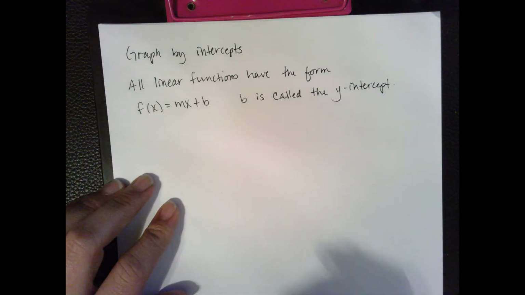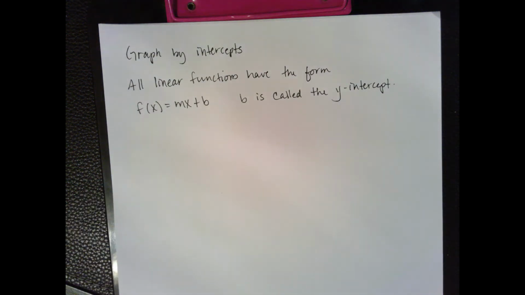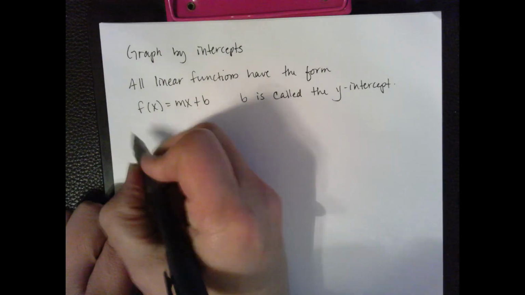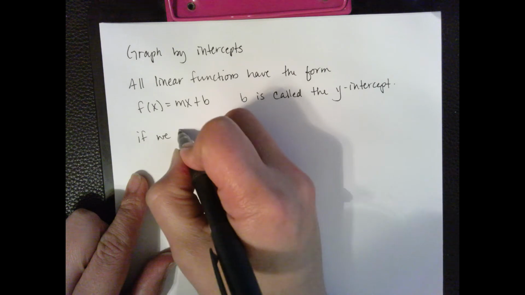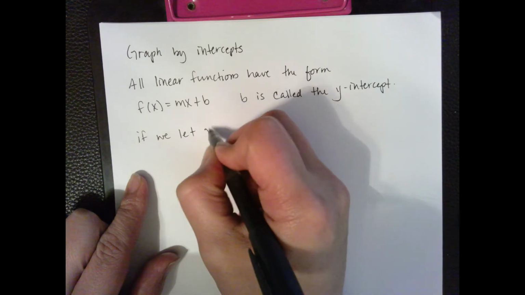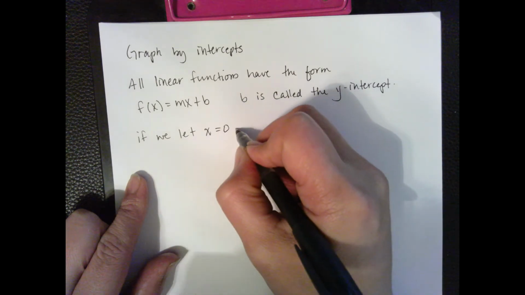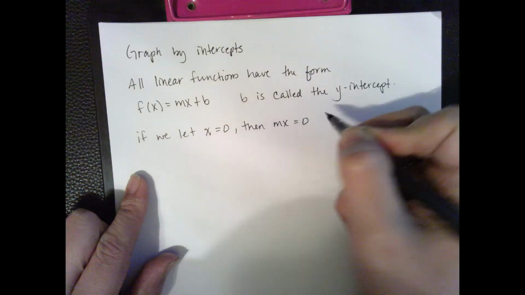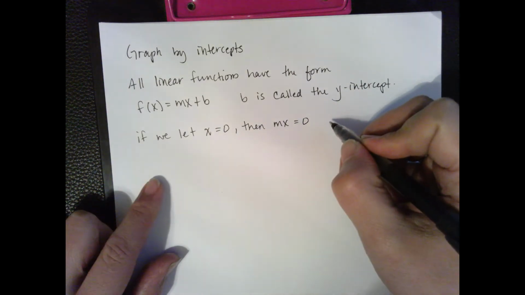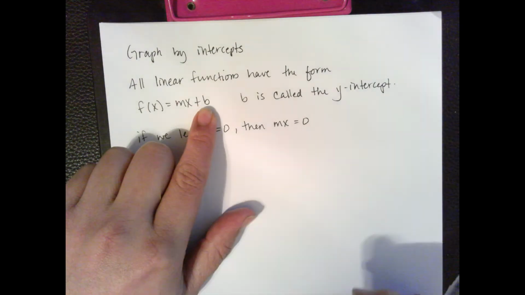Okay. So remember, when we were talking about the y-intercept, we had to plug in 0 for x and then solve for y. Okay. So if we let x equals 0, then mx equals 0, okay, and all we're left with is b.